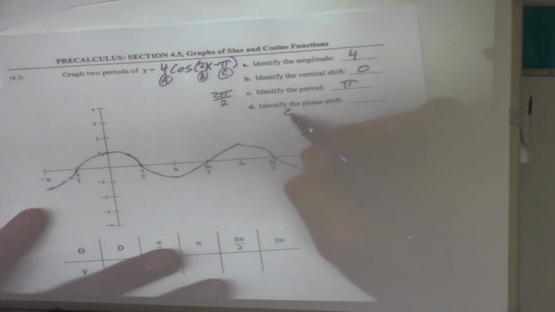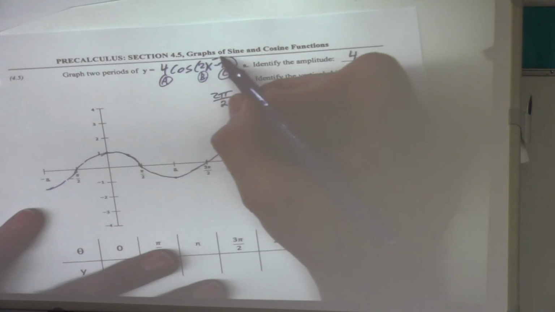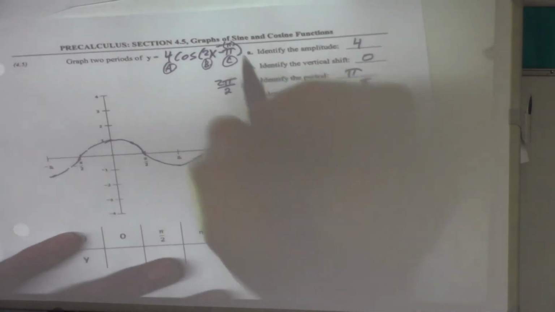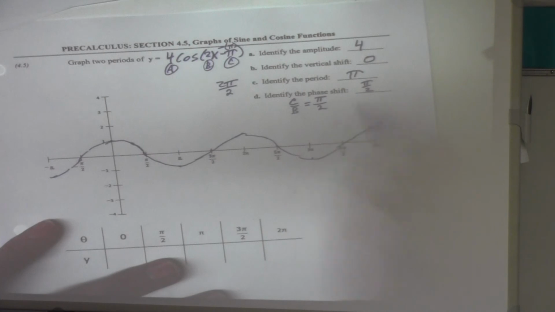The phase shift is C over B. Well, the C is pi, and the B is 2. So that means it's pi over 2. And remember, that was a negative, positive pi, so we'll use a positive pi in there. If that had been a plus pi, it would have been a negative pi, so we would have used a negative, but it's not.